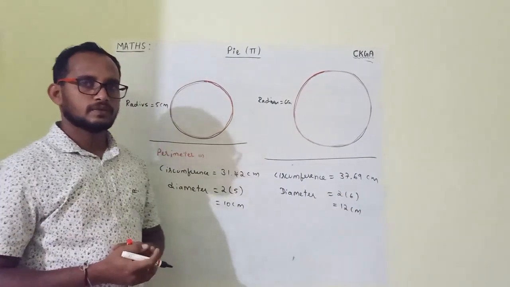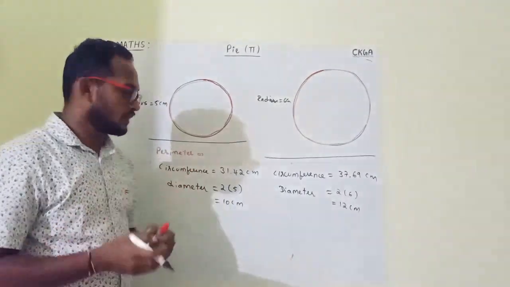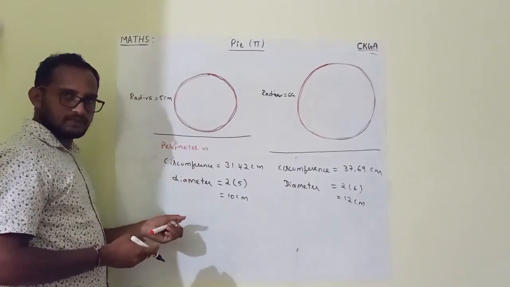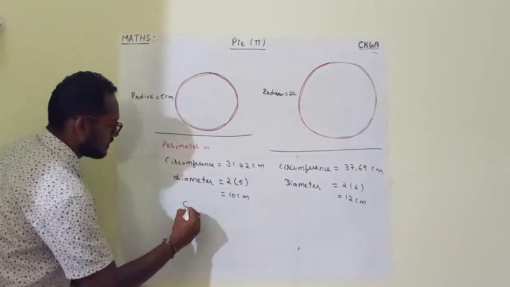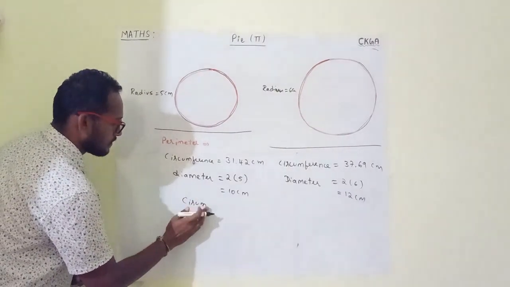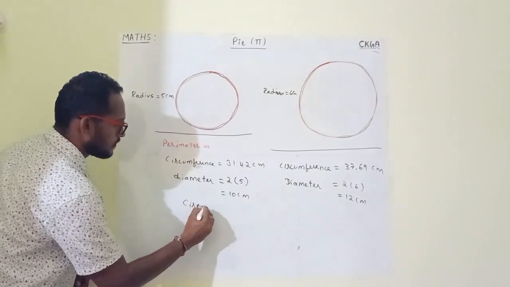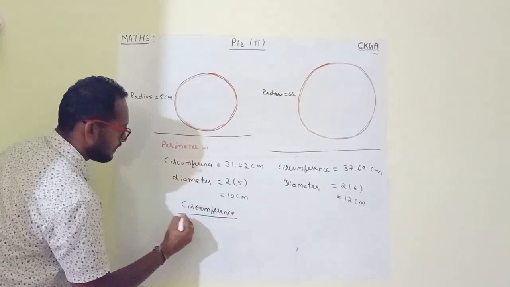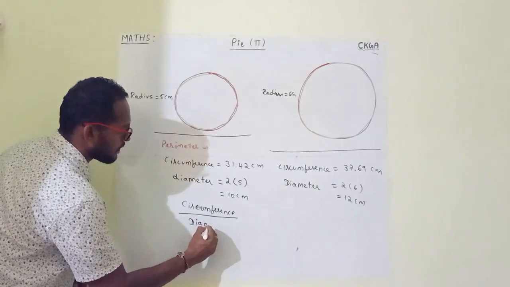Now it's time to derive something extra. I'll find the ratio of circumference to diameter: circumference by diameter.